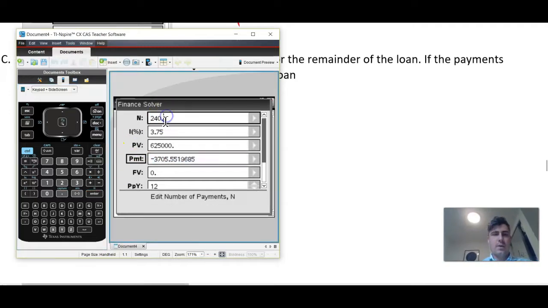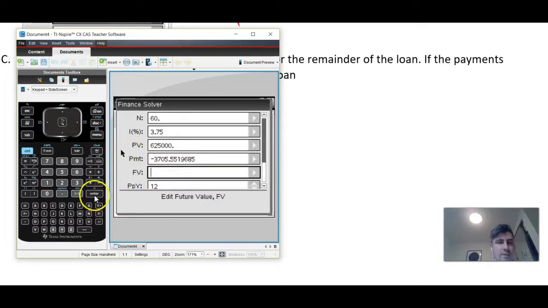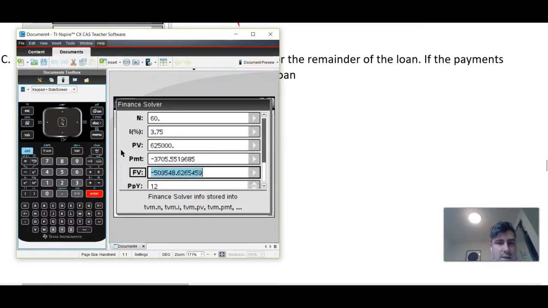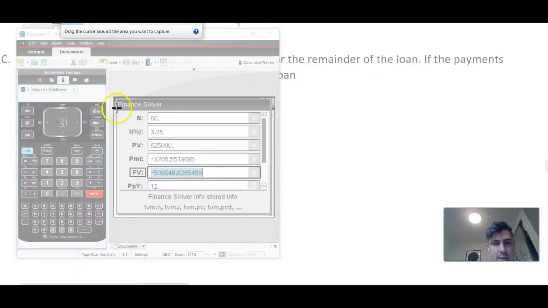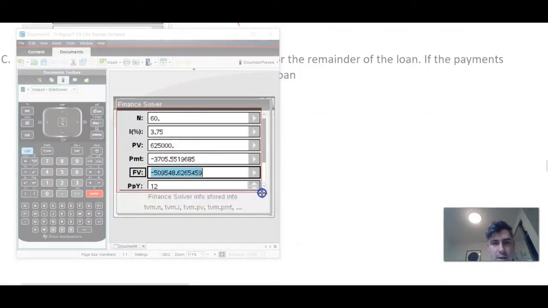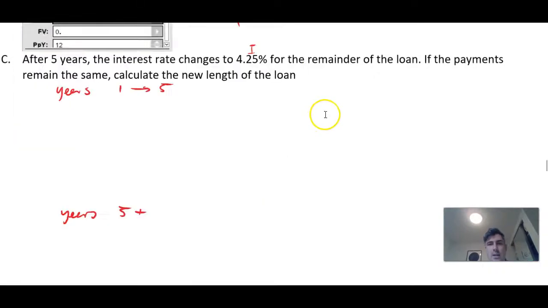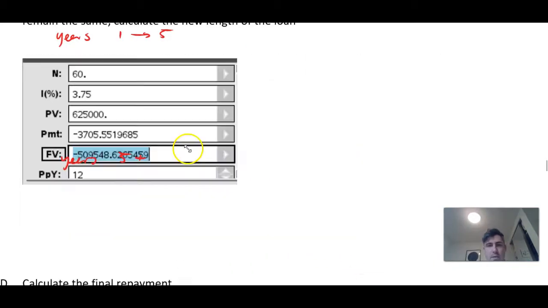So the first 5 years is 5 lots of 12 at 3.75, starting value of that. PMT we keep the same because that hasn't changed. And FV we don't know, so that's the blank in this first calculation. That means that our outstanding balance after 5 years is 509,000. So quite a bit's been paid off in the first 5 years, but there's still plenty left to go.